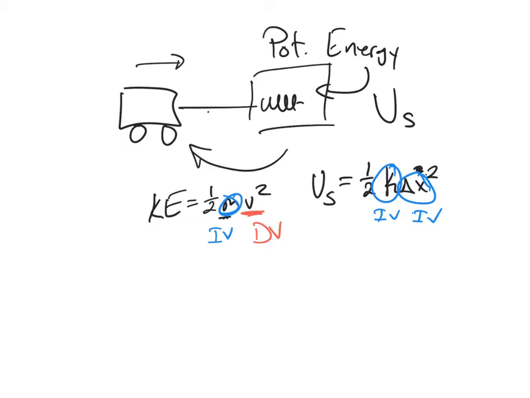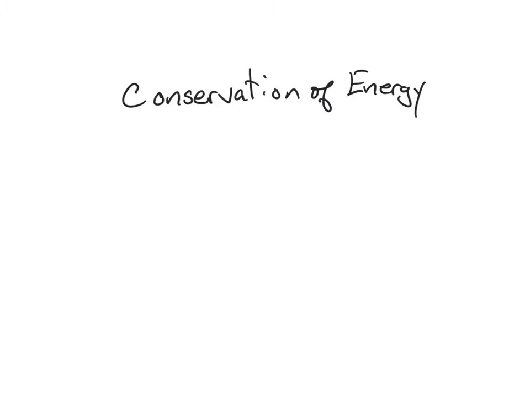Now, one of the principles that we were relying on here, even though we hadn't specifically stated it, is the principle of conservation of energy. And we said in our previous discussion on momentum, when we had conservation of momentum, it was dependent on our system being open or closed.